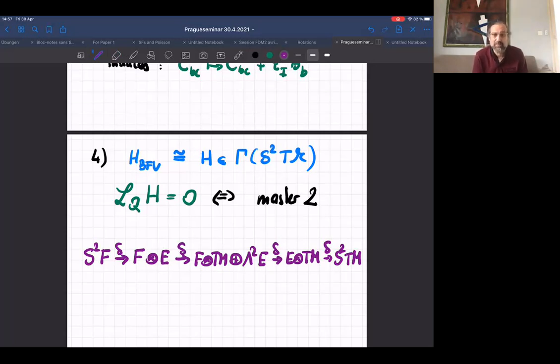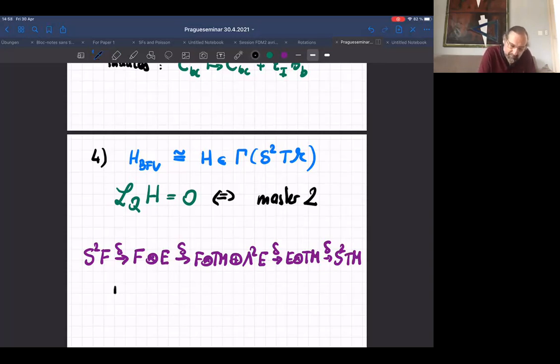And this is a central complex which governs a lot of different things in the geometry of these QH structures, as well as the BFV extension of the Hamiltonian. In particular, if it has no cohomology, then a BFV extension of the Hamiltonian is guaranteed.